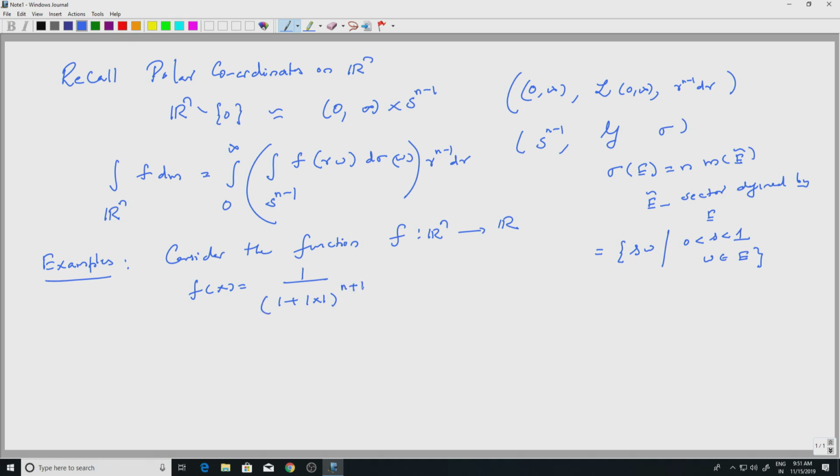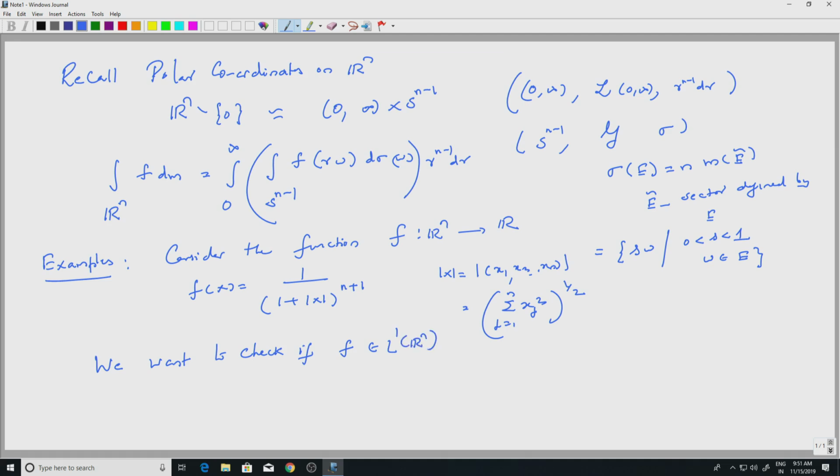Here n is the dimension, and mod x is the usual norm of x, the square root of the summation of xj squared, j equal to 1 to n. Usual definitions. We want to check if f is in L1.